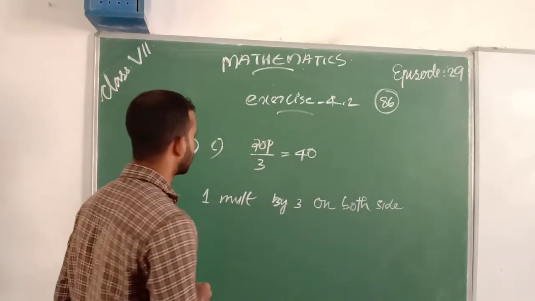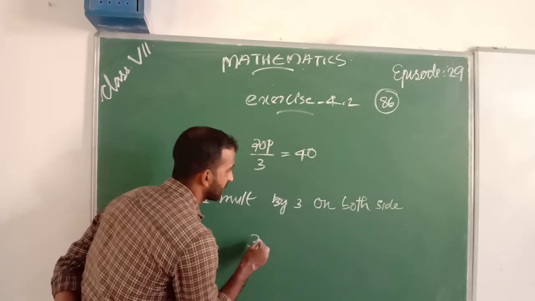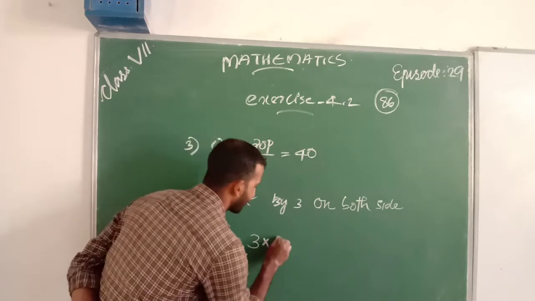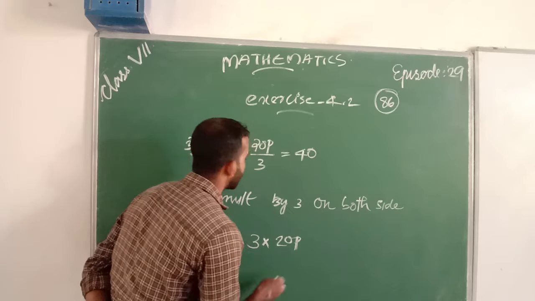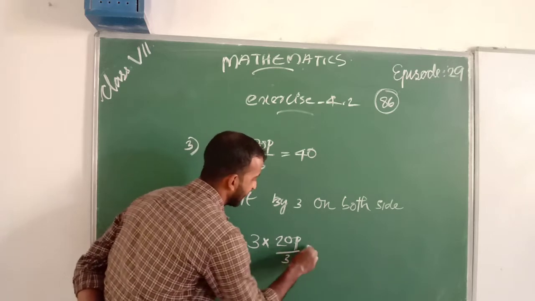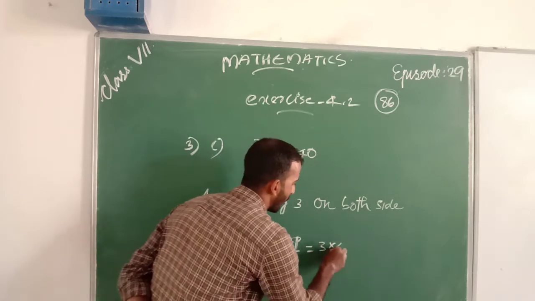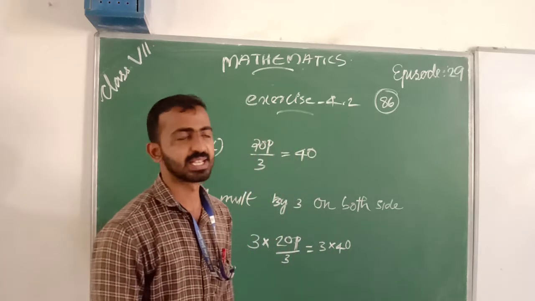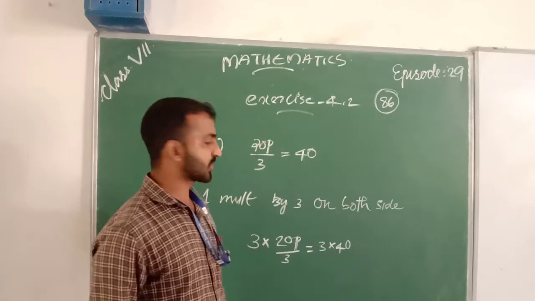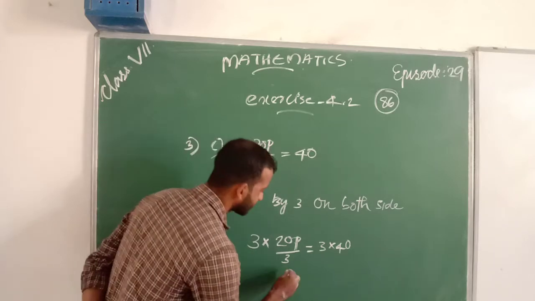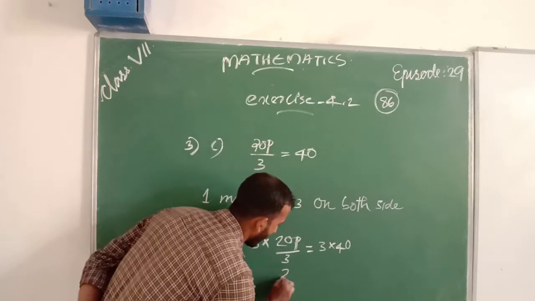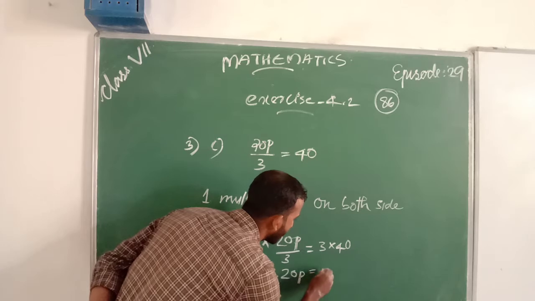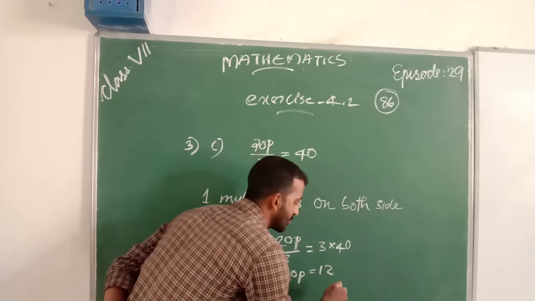That is, 3 into 20p by 3 equal to 3 into 40. Is it? Yes. In the next step we get 20p equal to 120.